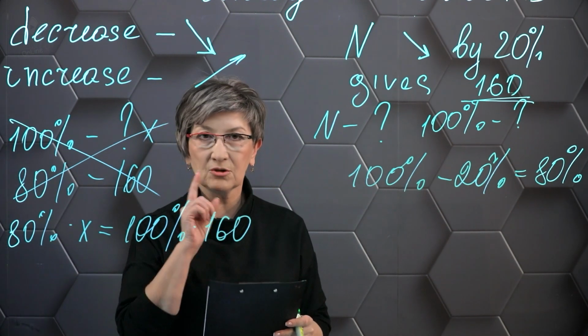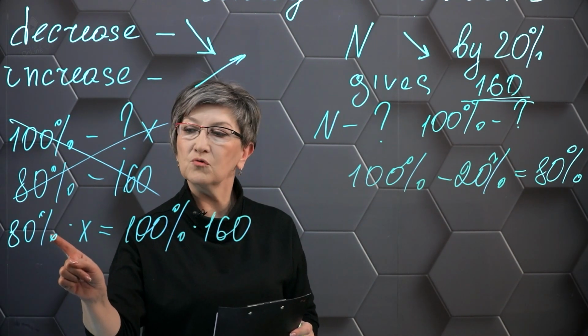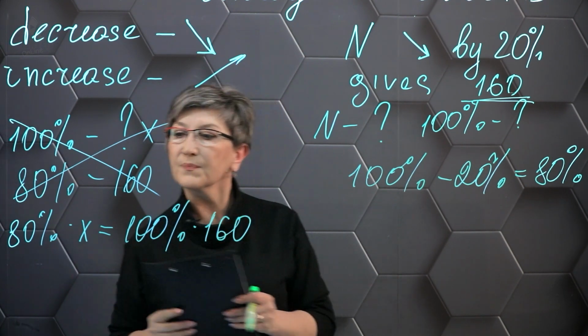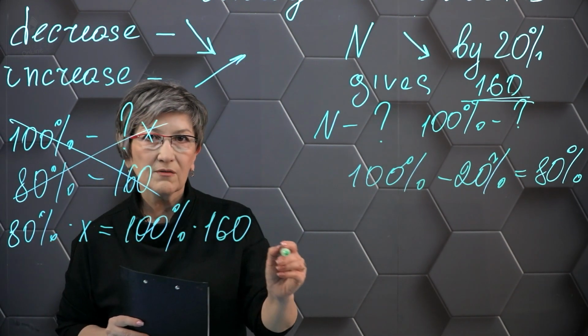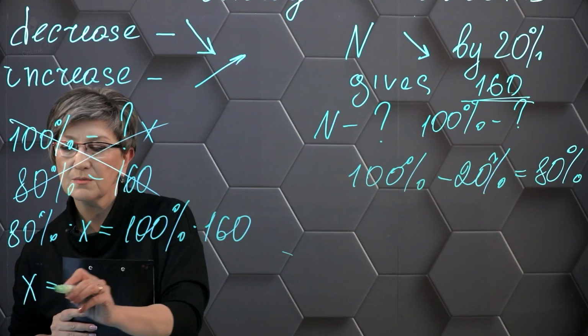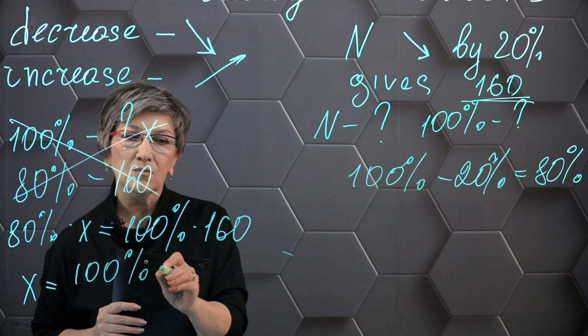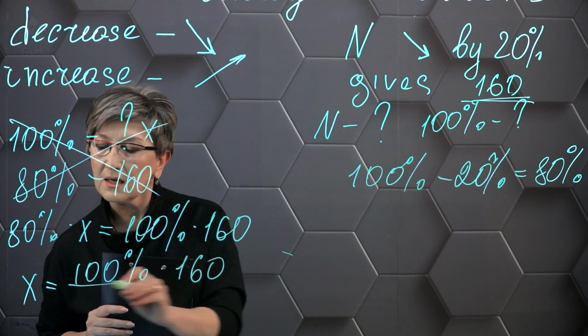Notice that I write down the percent sign. You will now see why I am doing this. From this resulting equation, we find x. How do we find x? 100% times 160 and divide by 80%.